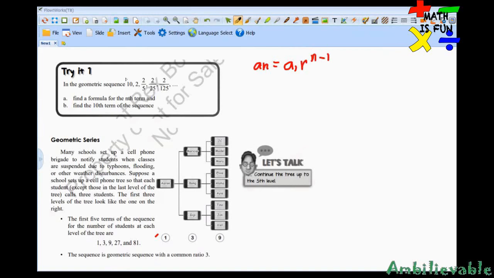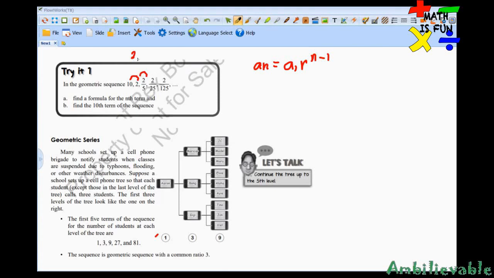So in the geometric sequence 10, 2, 2 over 5, 2 over 25, 2 over 125, find a formula for the nth term and find the 10th term of the sequence. So let's start getting the common ratio. So we will divide the second by the first, the third by the second, and so on.